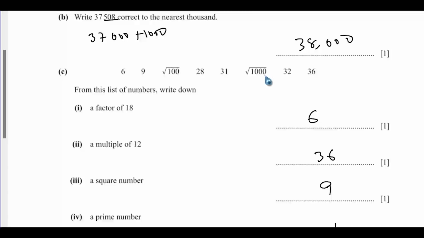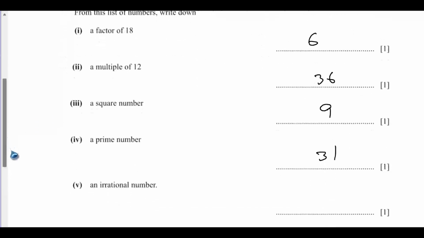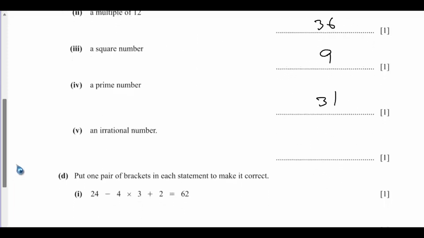So this will give you a decimal number that does not end. If you take your calculator, it will give you a non-terminating decimal number without repeated digits. This will give you 32 over 1. This will give you 36 over 1. So this is the only irrational number there. So I'll put square root of 1,000 as an irrational number.